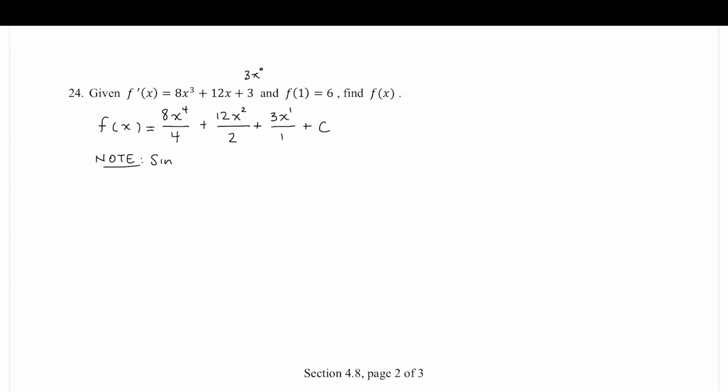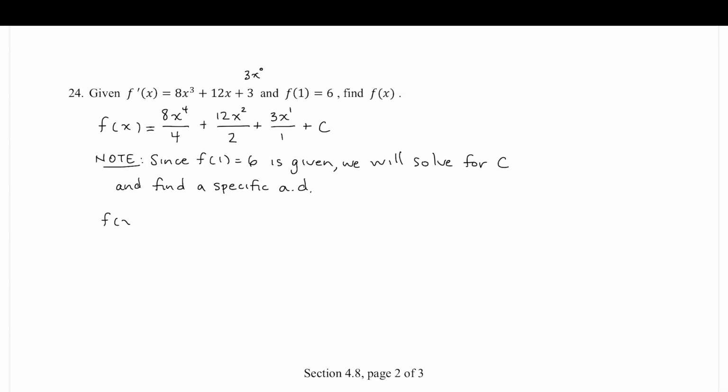So note to self, since f of 1 equals 6 is given, we will solve for c and find a specific, or you'll sometimes see it referred to as a particular, antiderivative.